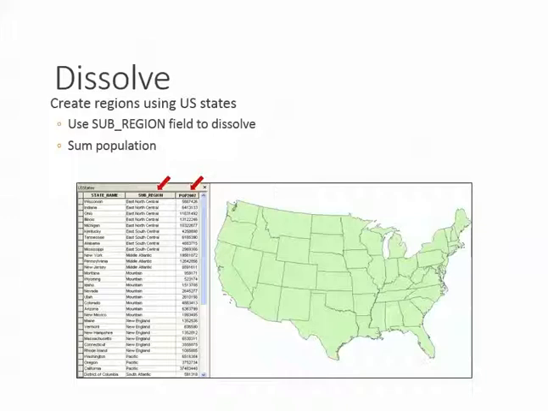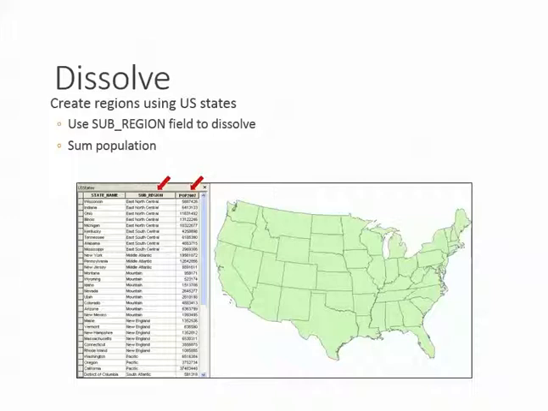You could use the Dissolve tool to not only dissolve those polygons into larger polygons representing that sub-region, you could also conduct analysis by getting the tool to report back what is the sum of the population within the state polygons that are being dissolved into a larger polygon. What is that total sum?